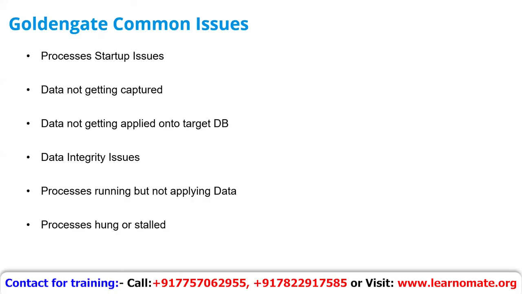When you do info all in the GoldenGate environment, it shows that all the processes are running, but you are not able to apply the data. So that is one of the issues. Or the process is hung or stalled, meaning the process doesn't move forward. So these are the common issues which you will identify.